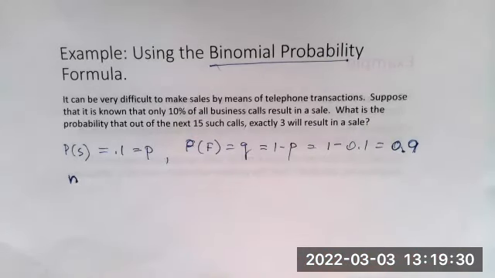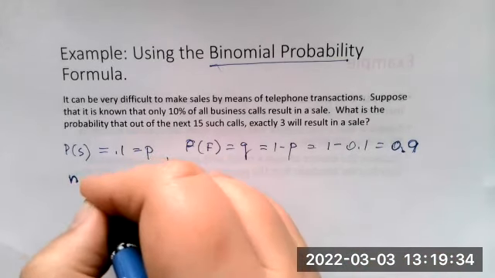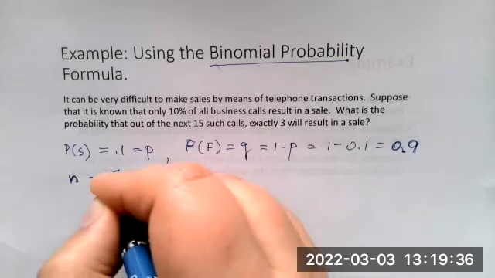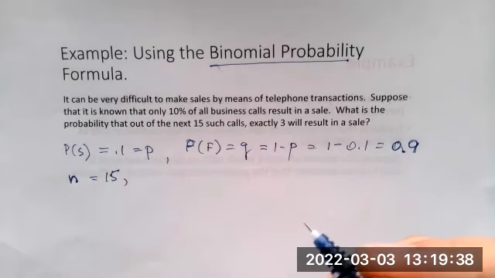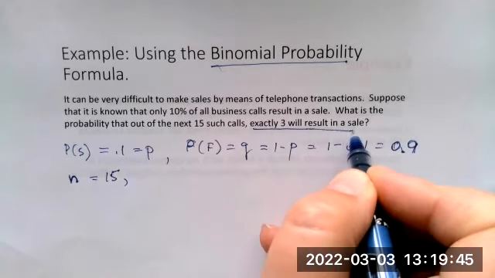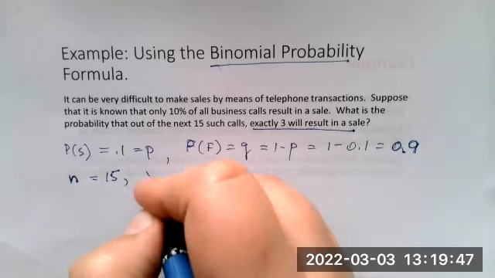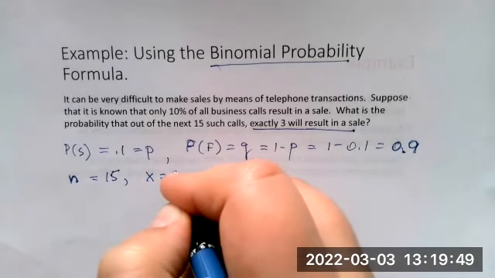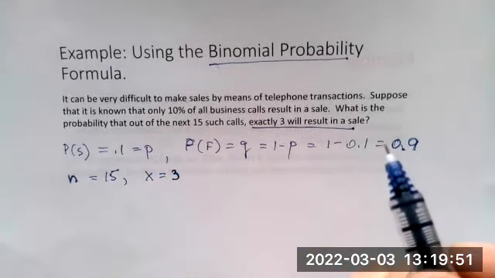So we're repeating this experiment 15 times. So n equals 15. Do we have the number of successes that we want to get? Yes, it says exactly 3 will result in a sale. So x is 3. The number of successes is 3.